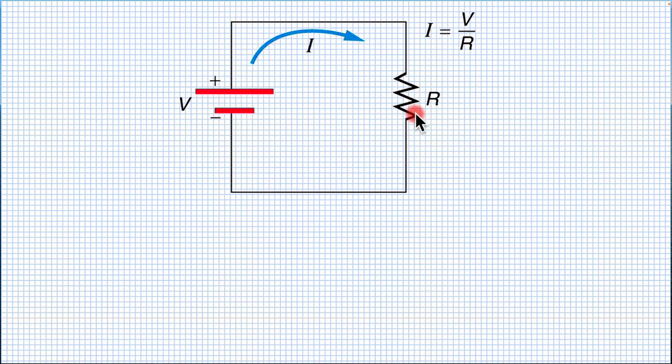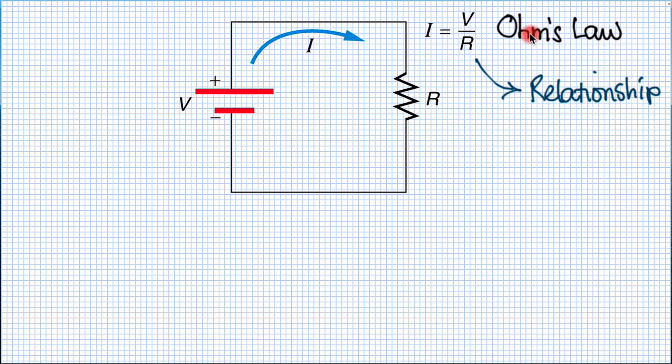In other words, it doesn't change, but obviously we can change the voltage, and as a consequence of changing the voltage we're going to change the current. So this is an application of Ohm's law, and it shows the relationship between current and voltage given we have a constant resistor. So this resistance should not change as long as the current is flowing.